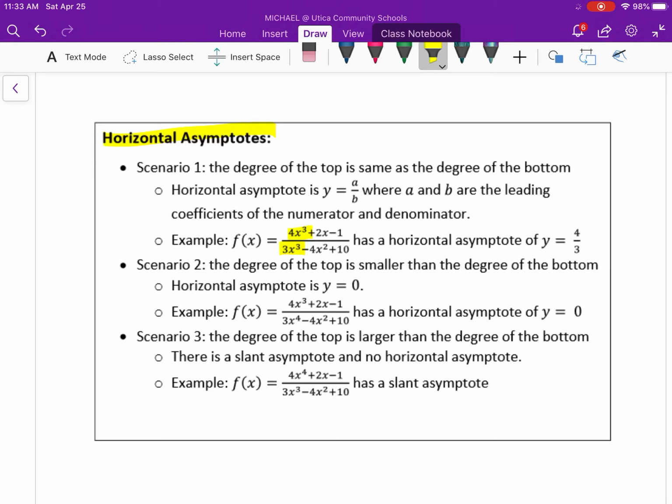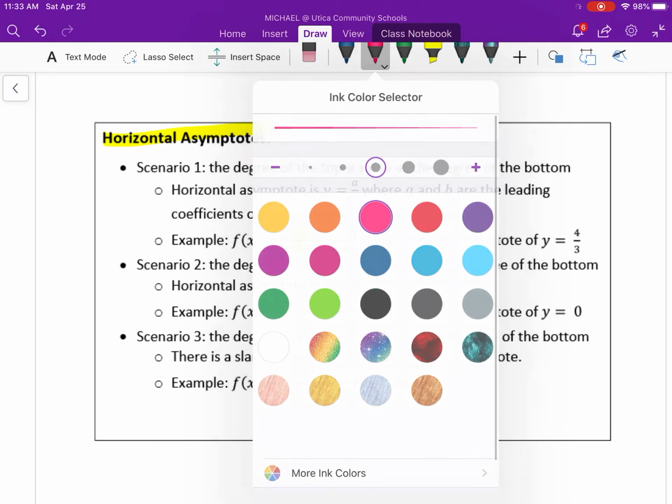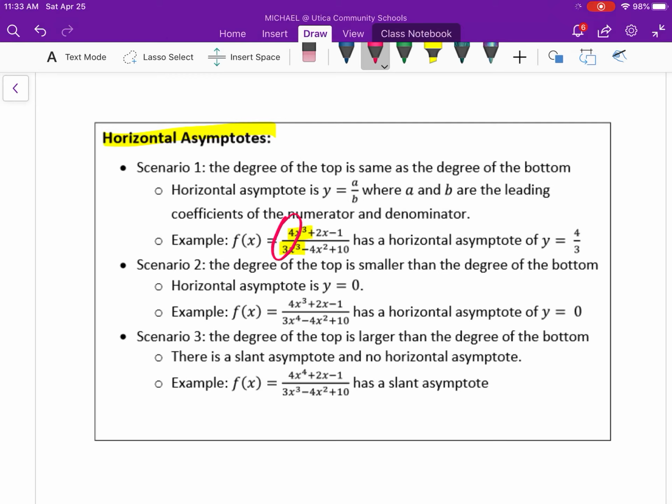If that's the case, then we go to the leading coefficients. In this case, 4 and 3 are the leading coefficients, so the horizontal asymptote of this would be y equals 4/3. Looking at a graph, we've got 1, we've got 2, and 4/3 is somewhere in between there. So there would be our horizontal asymptote.